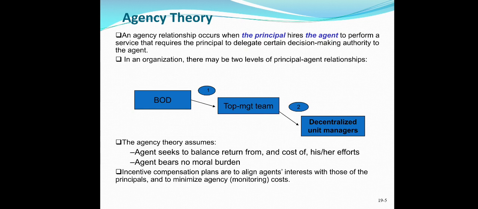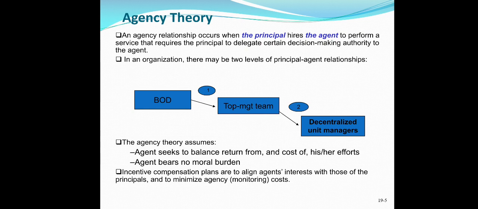Most of the time the board of directors wants the manager to make profit for the business, because the principal, the board of directors, are people who invested money, so they want the highest return from the investment. So they ask the agent, the top manager, to make the highest profit that they can. But the agency theory explains that the agent seeks to balance return from and cost of his or her effort.